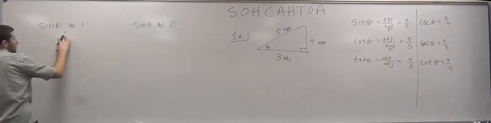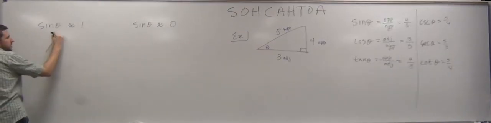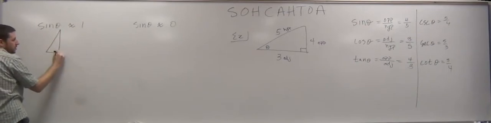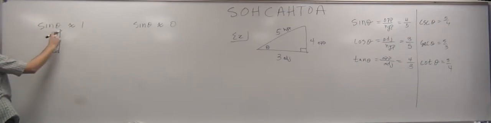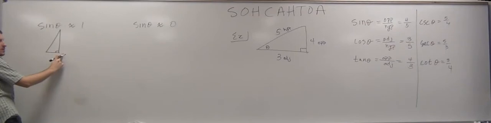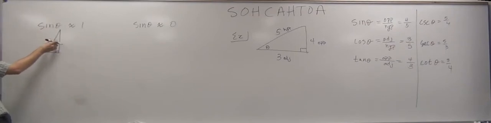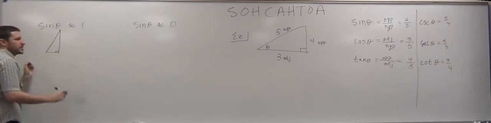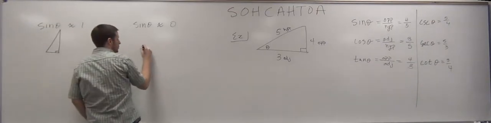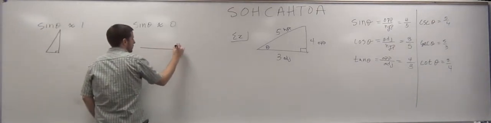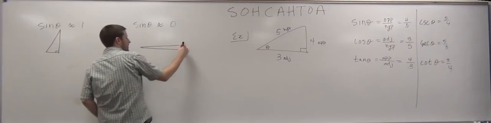So this triangle would be a really tall triangle, something like this. Right, because whatever this length is pretty close to this length. Okay, and the taller your triangle gets, the closer you're going to get to 1. This guy would be really short. This is getting closer to 0.